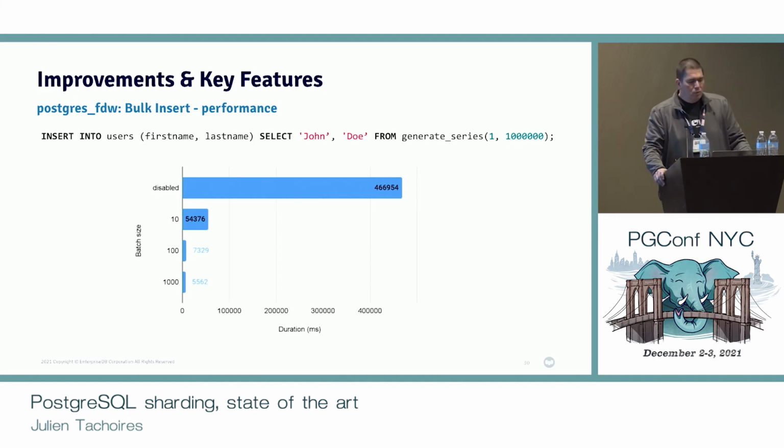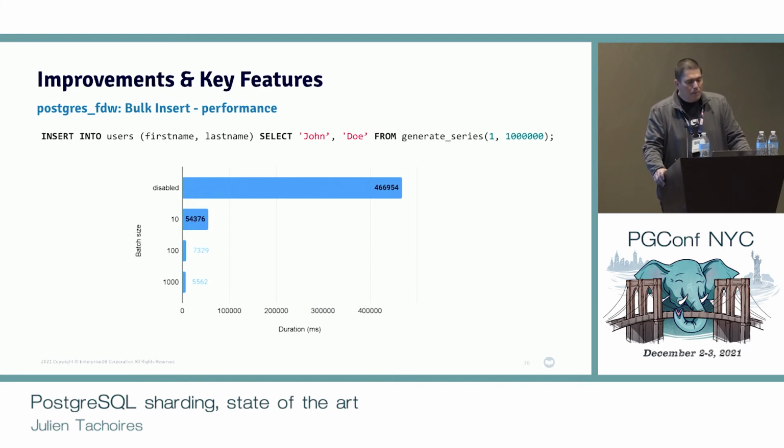So, to highlight the benefits in terms of performance, let's measure the execution time of the following query that is going to insert 1 million rows into the users table via the coordinator node. Without bulk insert, execution time is 466 seconds.